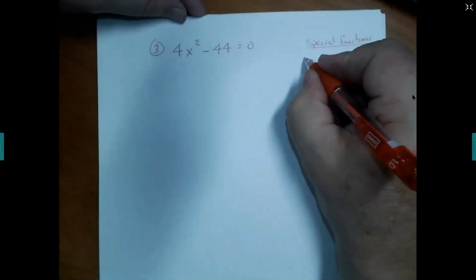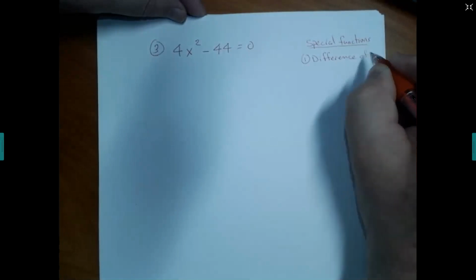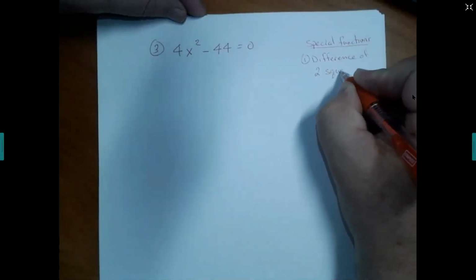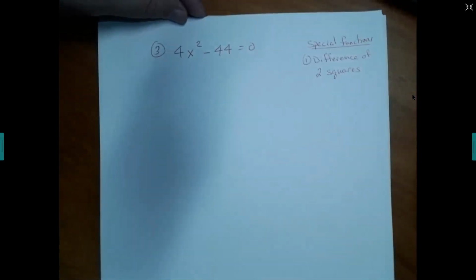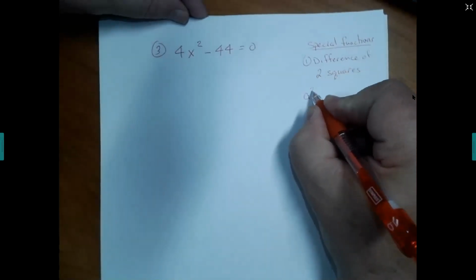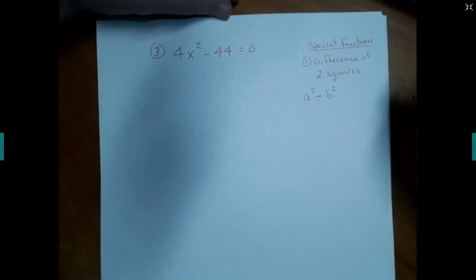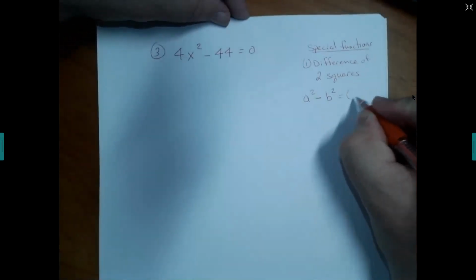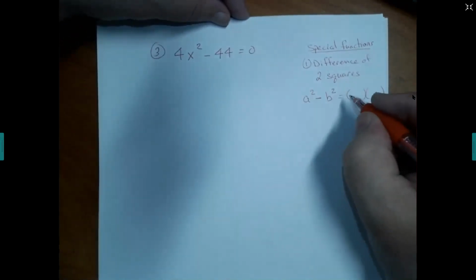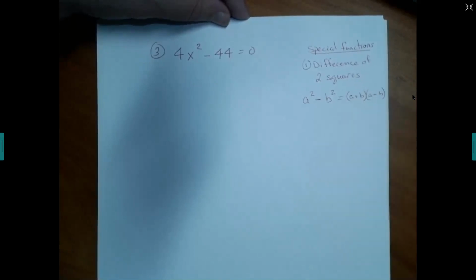This one's called the difference of two squares. What it says is this: if I have two numbers and they're both perfect squares, and they're subtracted, I can factor them by using the square roots of both and having different signs.